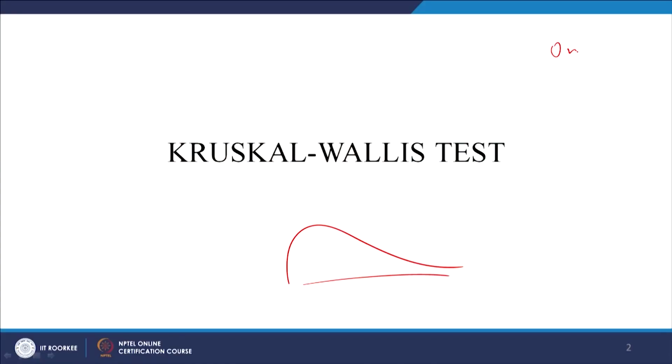If you remember, while doing the t test you must have heard of one sample t test, then independent sample, paired sample. Then when you have more than 2 samples, you went for, let us say, the ANOVA, one way ANOVA. There are several tests that we are talking about, and the Mann-Whitney U test is one of the first starting points, where we are done with the independent sample t test.